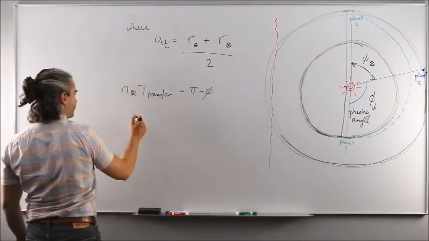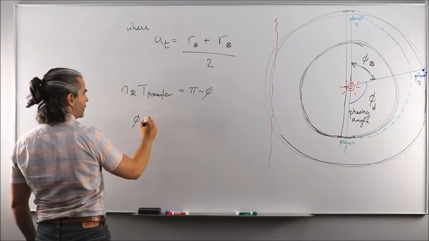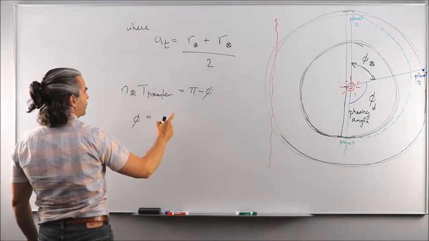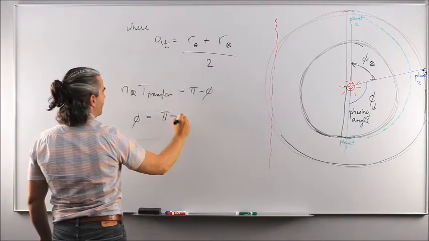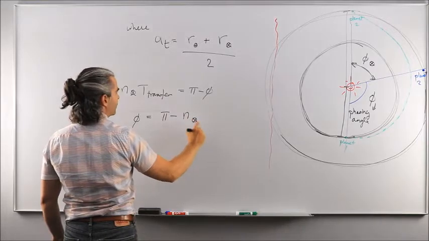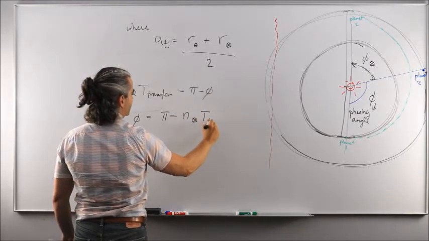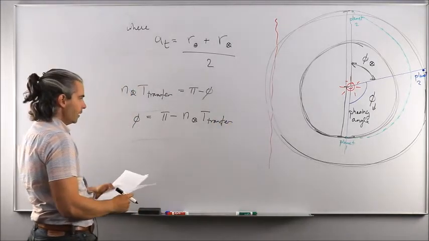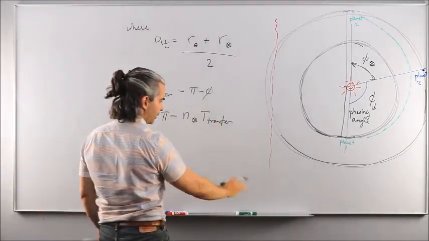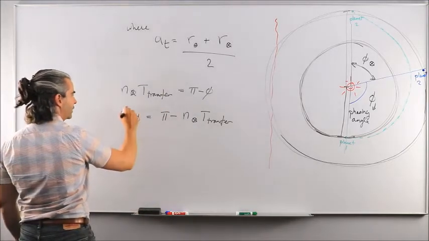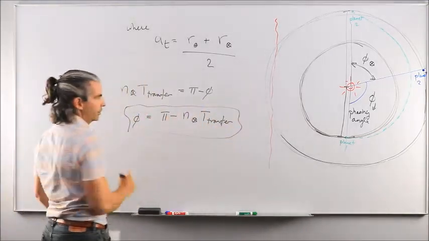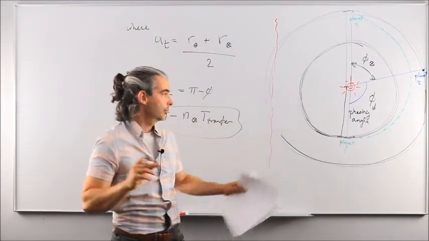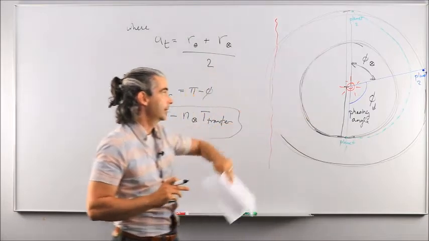Such that you could say that the phasing angle between your planet and the target planet at launch time will be equal to pi minus the mean orbital motion of the target planet times the time spent during the transfer, where the time spent during the transfer was calculated just before, so we could sub it back into here and then figure out the geometry between both planets at the time at which you're going to launch from planet 1 to reach planet 2 eventually.